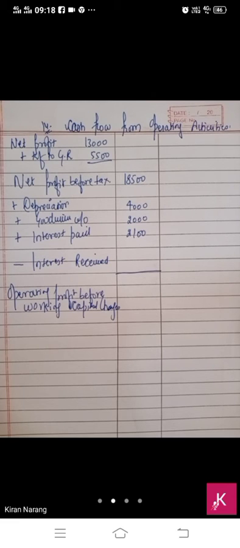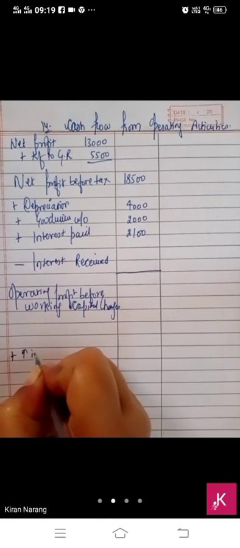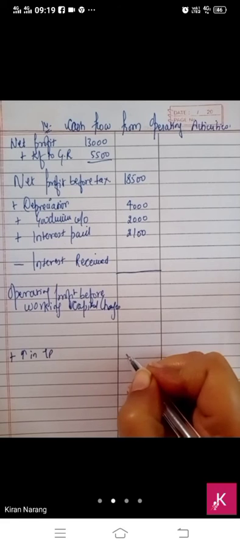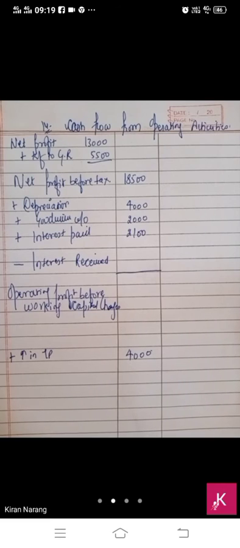Don't do it again. Trade payables, a current liability, is increasing. You have to add the increase in trade payables. That is 4,000, 8.5 to 12,500.